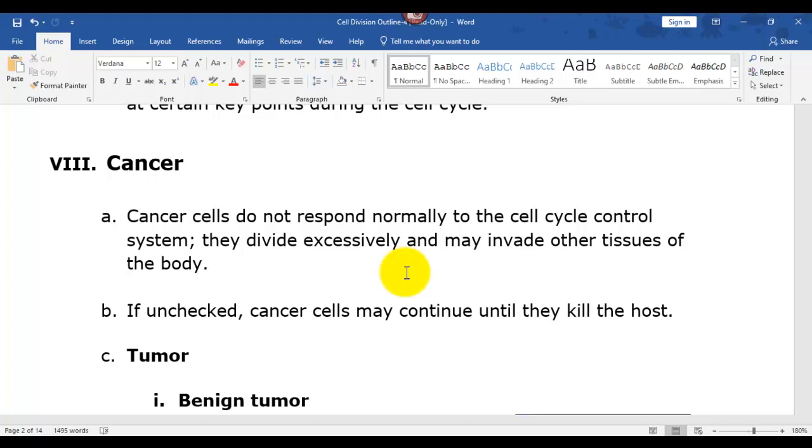They lose their stop and go signals, and it's out of control cell division. Cancer cells usually divide so quickly that they run out of blood supply and they die. And then what ends up happening is the immune system puts calcium inside of the dead cells, and that's usually what cancer screenings are looking for, dead calcified cells.